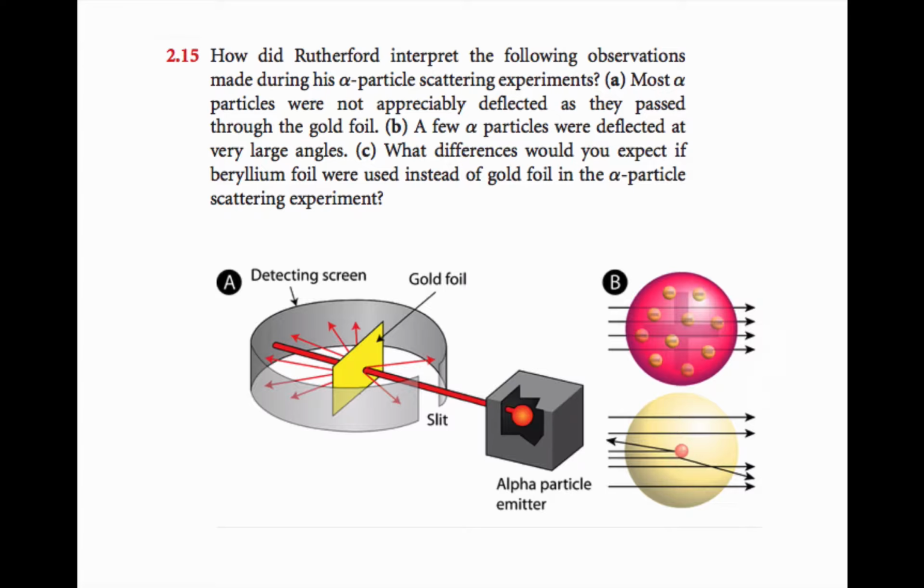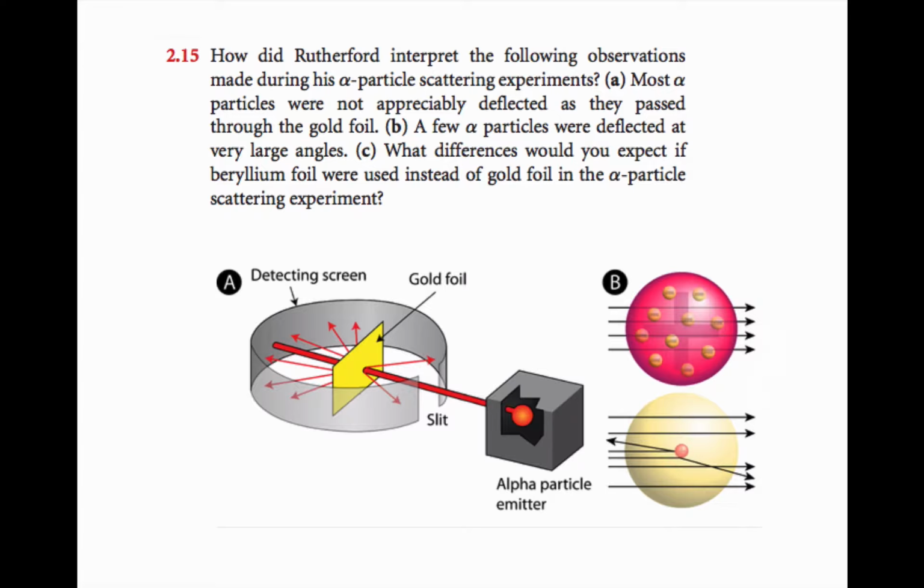and that it was very hard to find this spot where the positive particles were. But sometimes you get these huge deflections, right? So bam, straight back at the cannon. Boom, off in this other direction. It was almost like you hit something hugely massive. So what he deduced from this is that all the mass of the atom is located in the central area called the nucleus, and that's where the positive particle is.